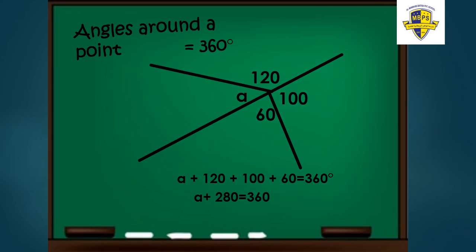Good. And now to find A, we say 360 minus 280 equals 80 degrees.